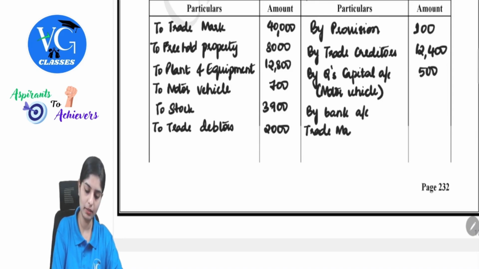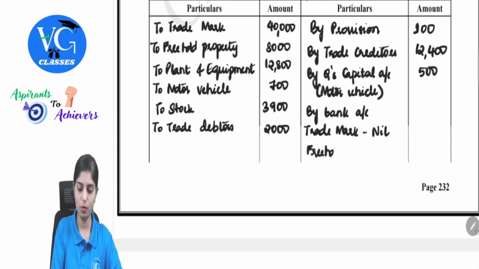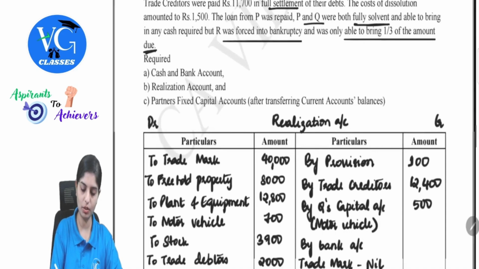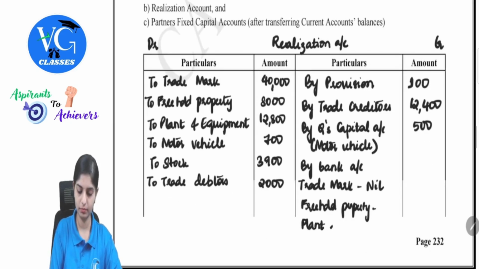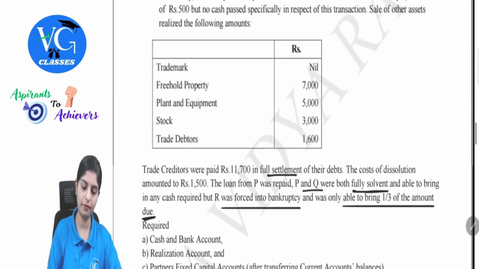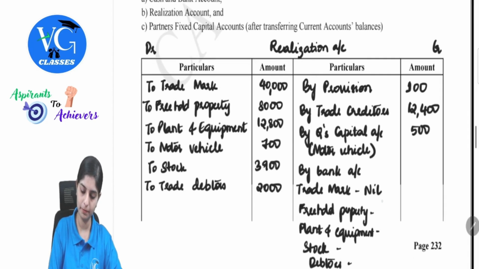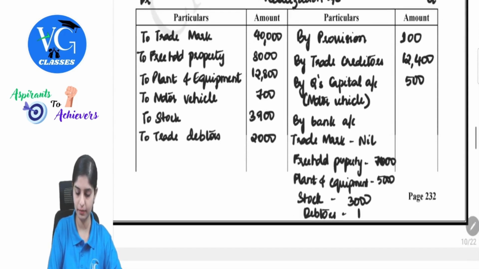Trademark is nil, freehold property 753, and 1,600.